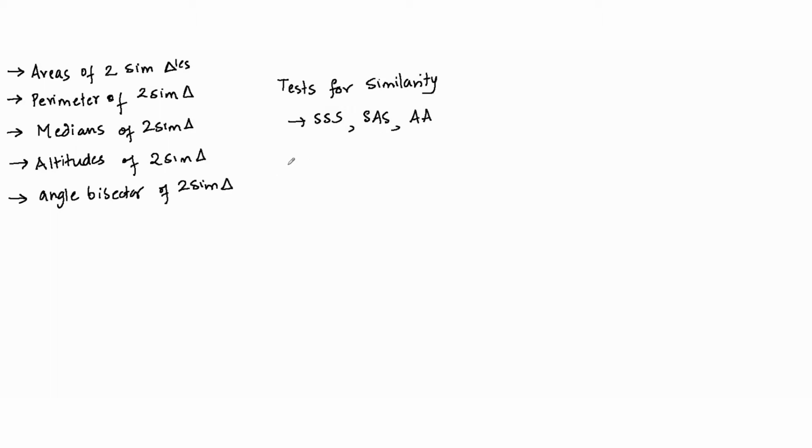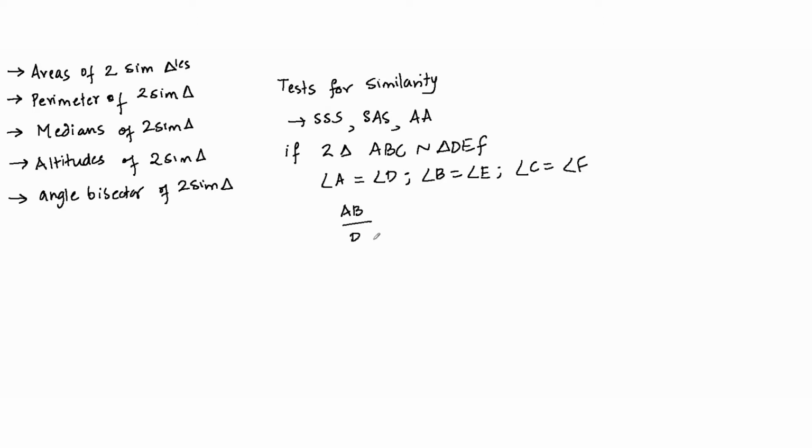And when two triangles are similar, let us recap these concepts. If triangle ABC is similar to triangle DEF, then we know that angle A equals angle D, angle B equals angle E, and angle C equals angle F. Similarly, AB divided by DE is equal to BC divided by EF, which is equal to AC divided by DF.